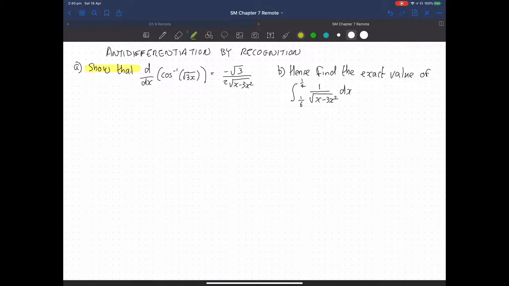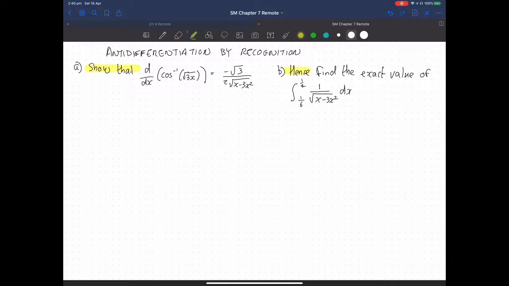So carrying out that derivative and getting the answer as expressed in the question is what is required for part A. It then says to us, hence find the exact value for part B. Hence means using the previous result.